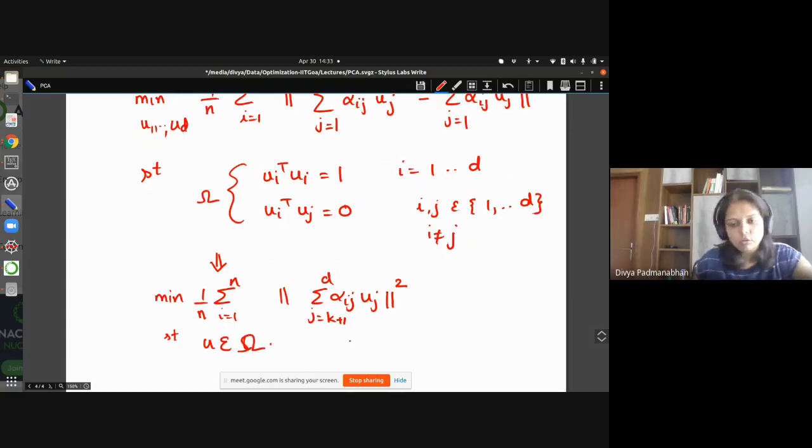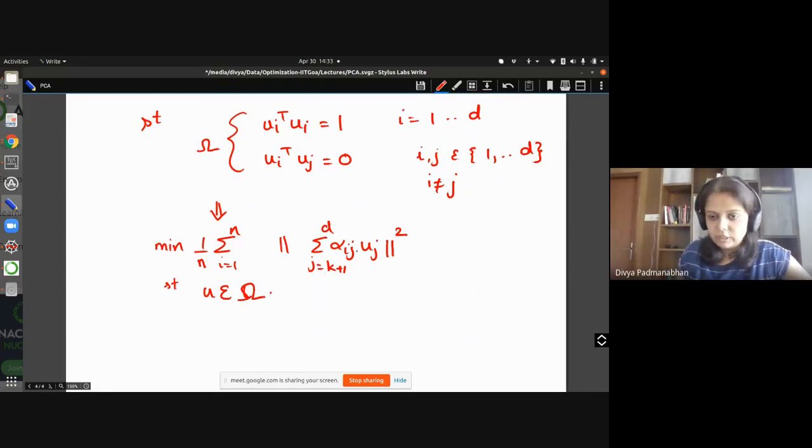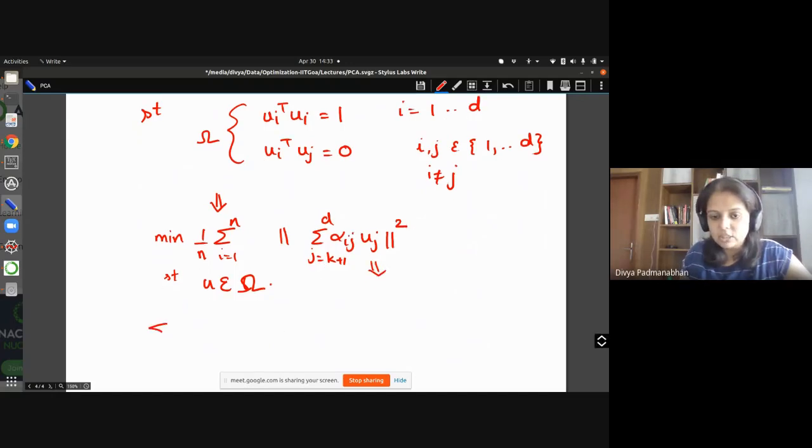So you've reduced the problem in some sense. Now you can even further reduce it. The objective is just summation j equals k plus 1 to d alpha ij uj. This is a norm square, so this transpose summation j equals k plus 1 to d alpha ij uj.